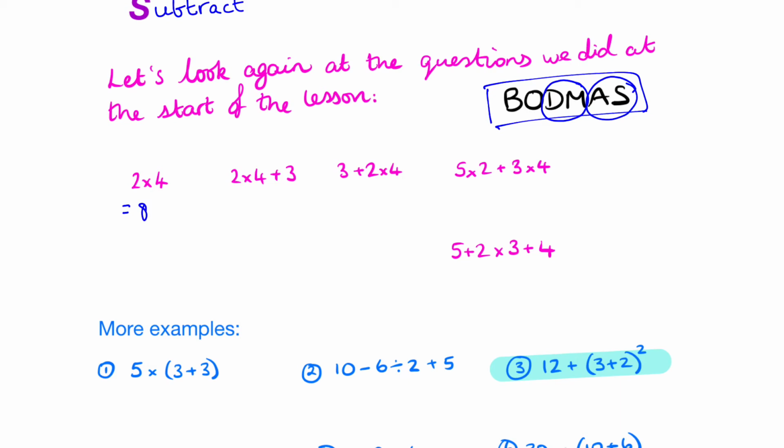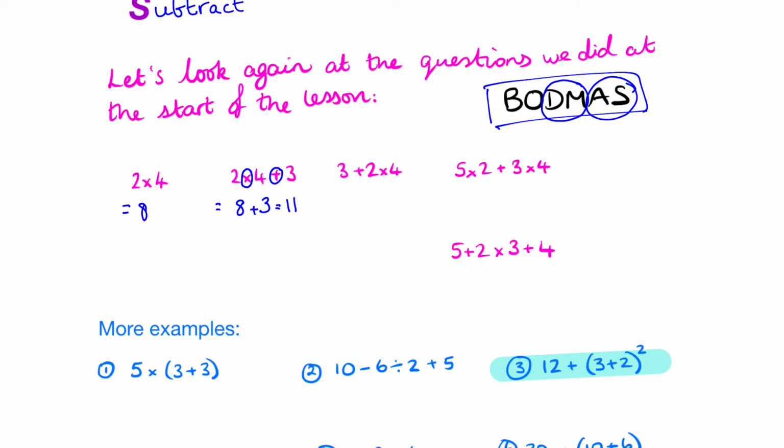The second question, we can see we've got a multiply and we've got an add. So looking at BODMAS, the multiplying needs to happen before the adding. So we do the 2 times 4 first, which is 8, and then we add the 3, so we get 11.